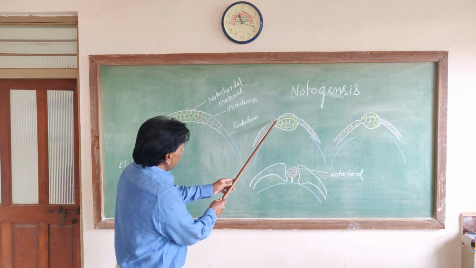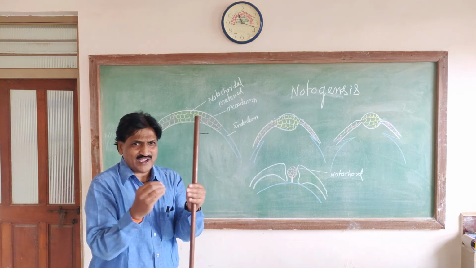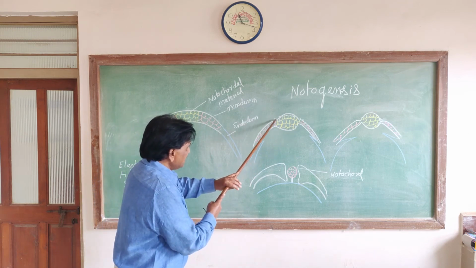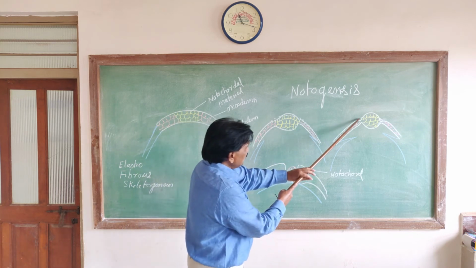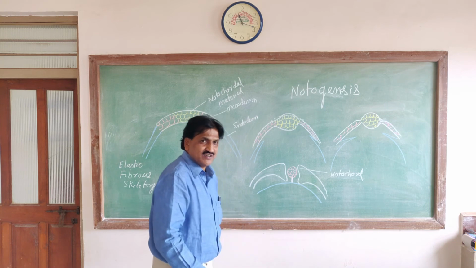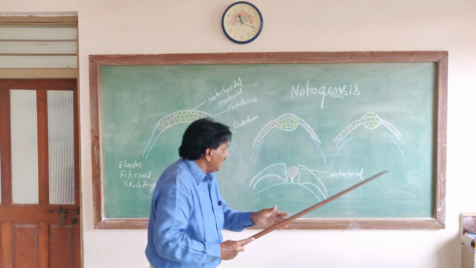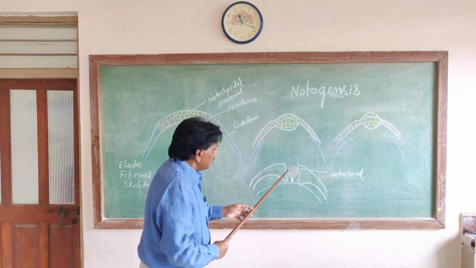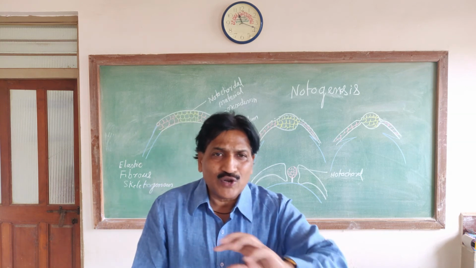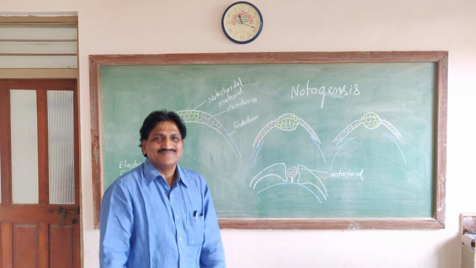There is a formation of a kind of groove or constriction, present on both sides, which gradually increases in size. Finally, this constriction gradually deepens and the notochordal material transforms into a rounded tube-like structure called the notochord.